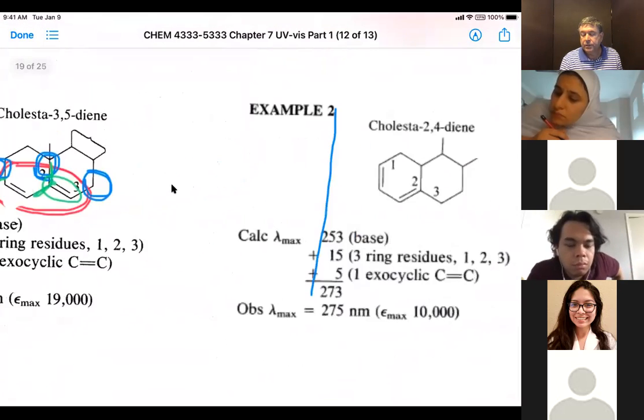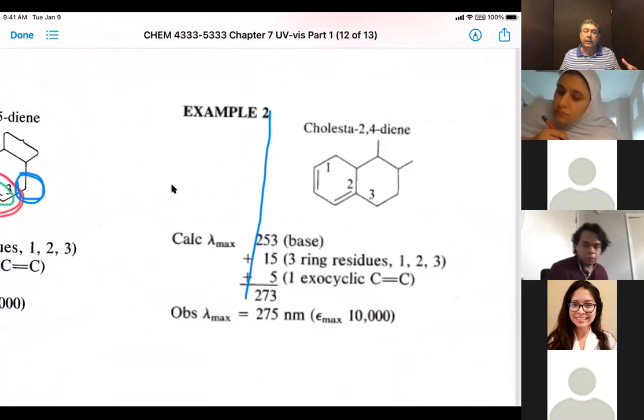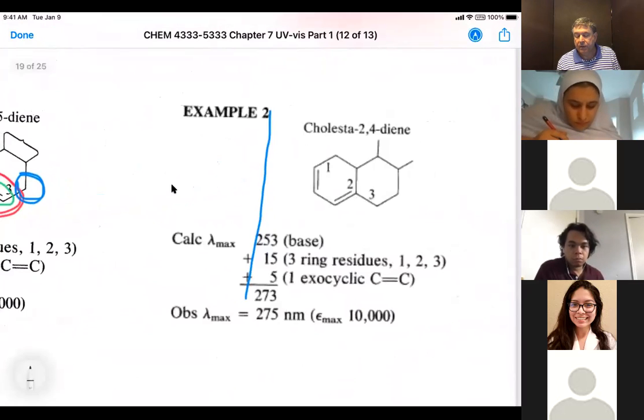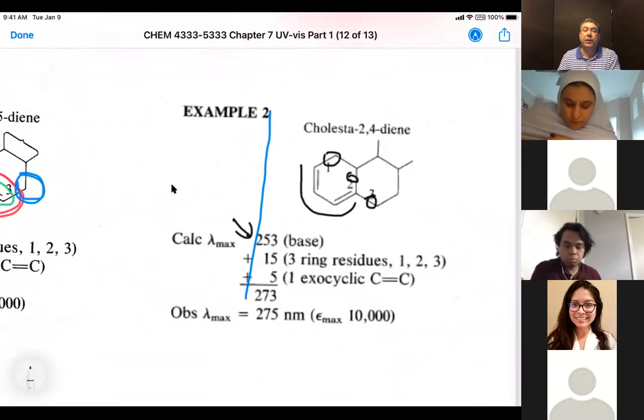Okay, so now let's do one with an endo with the cis-like system. So we have our cis-like system, so it changes our base value to 253. Again, if this was a straight chain linear, we'd start with that 114. We have 1, 2, 3 R groups attached to our double bonds.